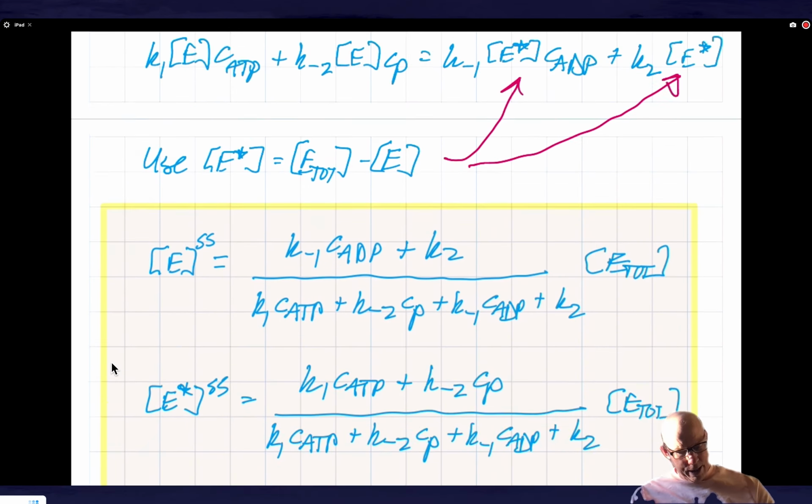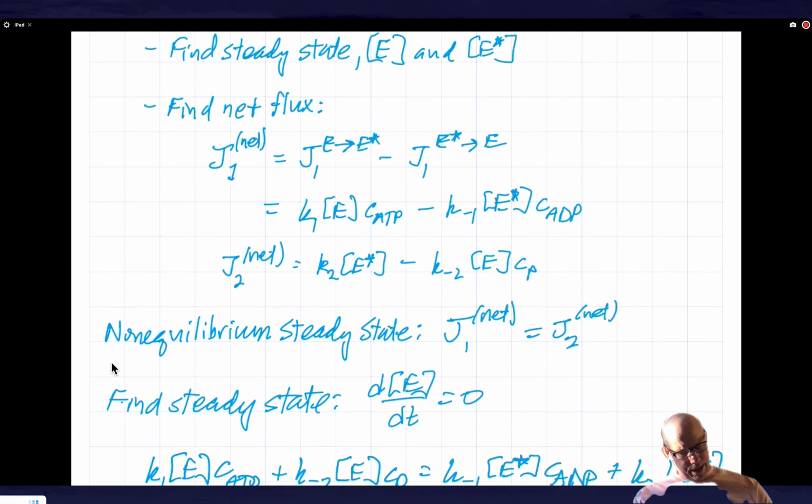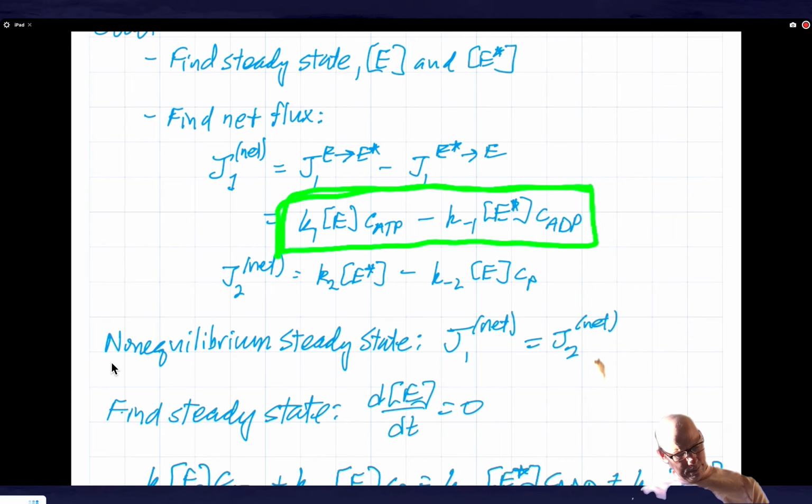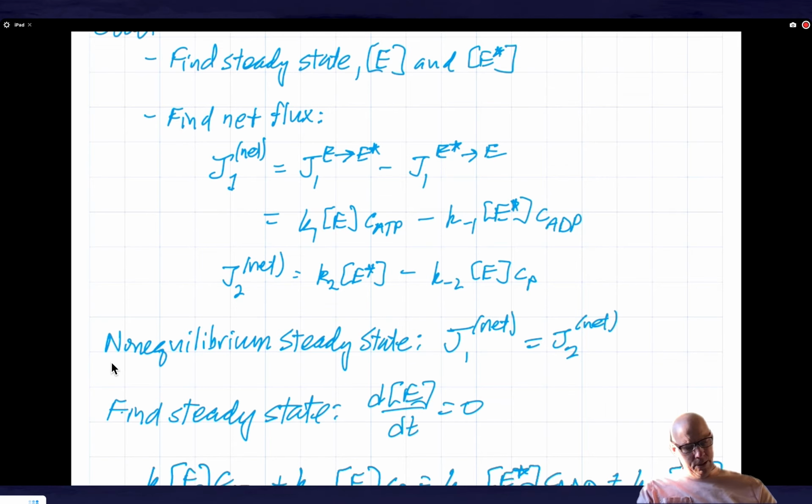Okay, we already have written down an expression for the net flux, which is given by this. Okay, so maybe I'll take this expression downstairs and we'll plug it in.